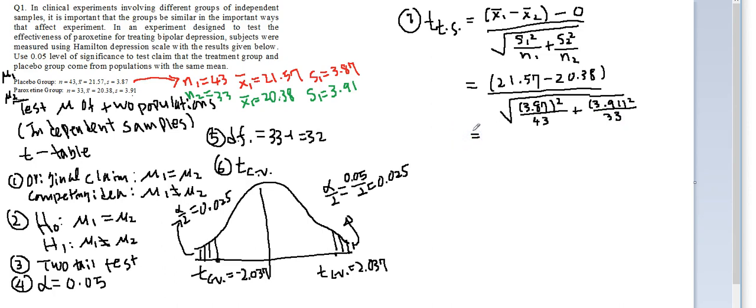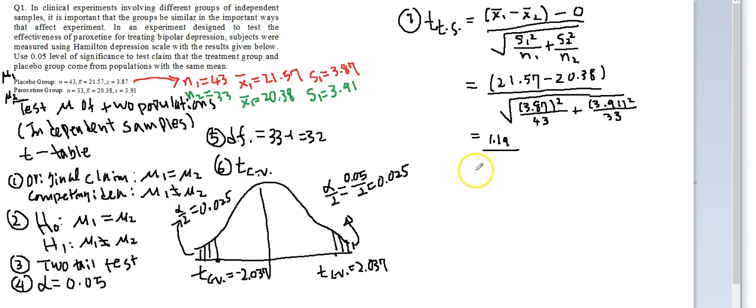So first, on the top, we have 21.57 minus 20.38. So that would be 1.19 on the top. Let's find out what we have at the bottom here. Okay, so you got 3.87 squared divided by 43.